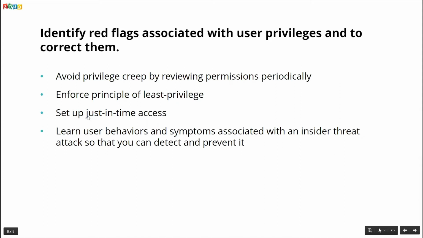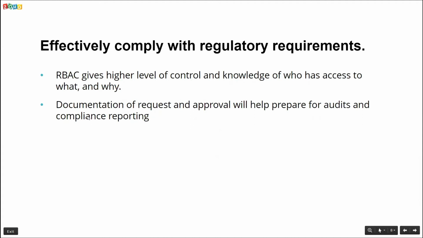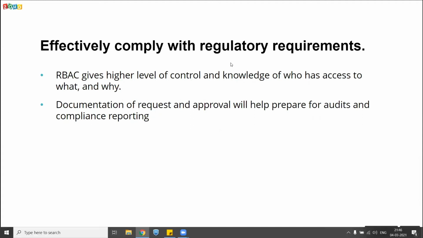And the third and last point is compliance. With role-based access control, organizations reduce both the complexity of assigning user access rights and the associated costs. It provides the possibility of reviewing the access rights to ensure compliance with various regulations.